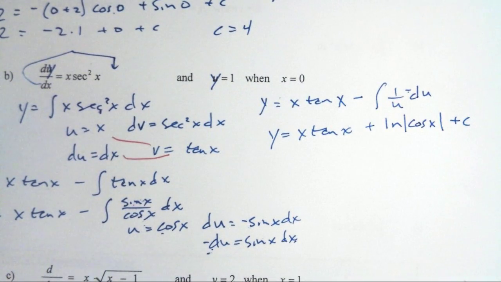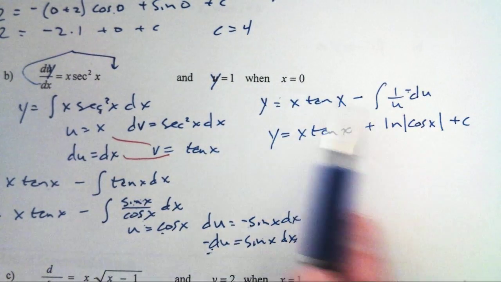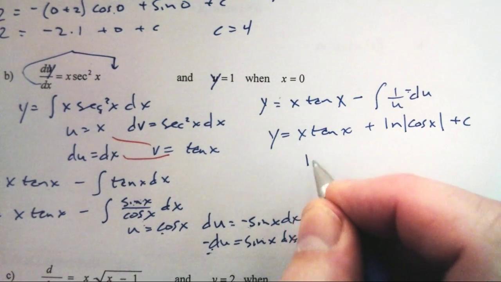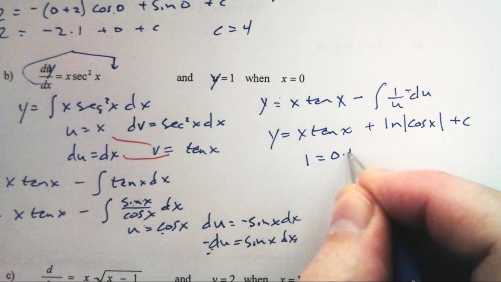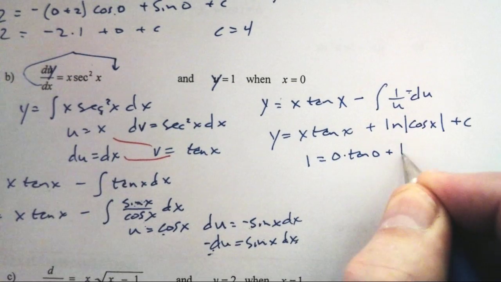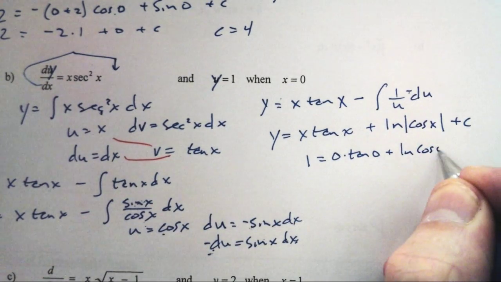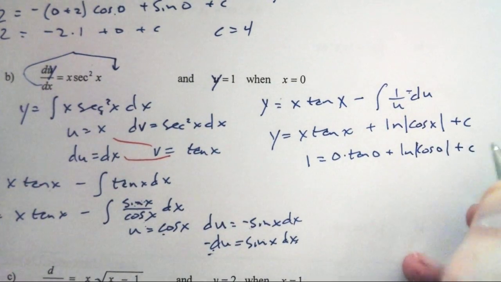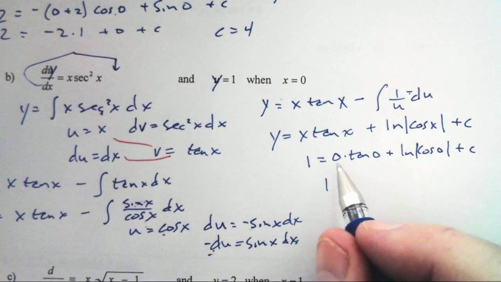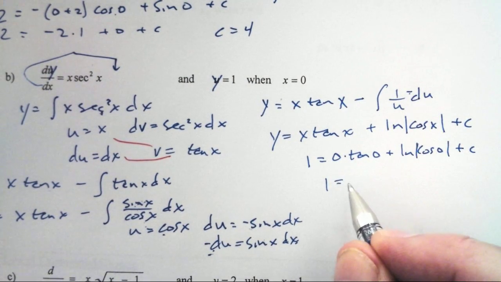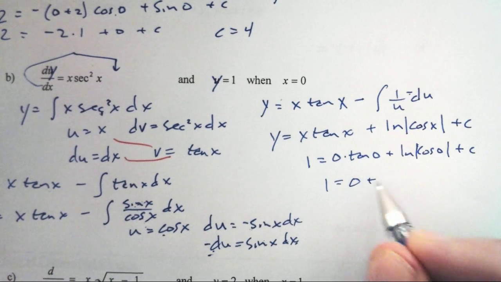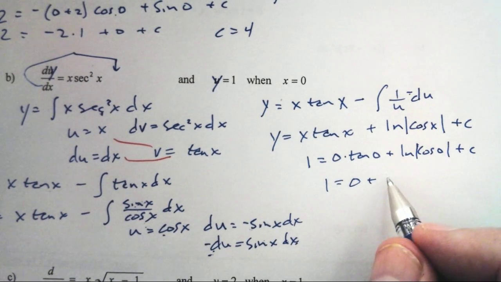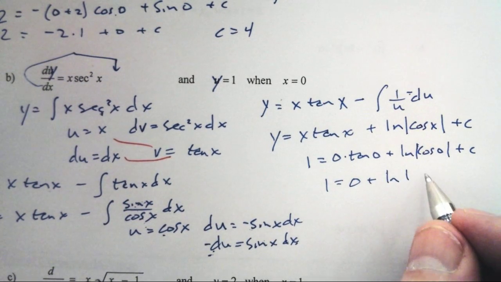Well, let's fill in some values. Man, it's easy to stop right there. We're used to stopping there, but y is 1 when x is 0. So 0 tangent 0 plus ln cosine 0 plus c. Tangent of 0 is 0 times 0. It doesn't get to be more 0 than that. Cosine of 0 is 1. ln of 1 is 0.